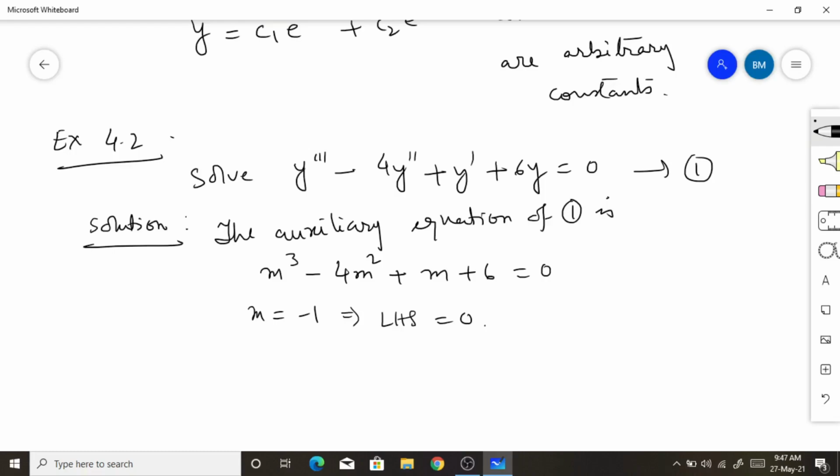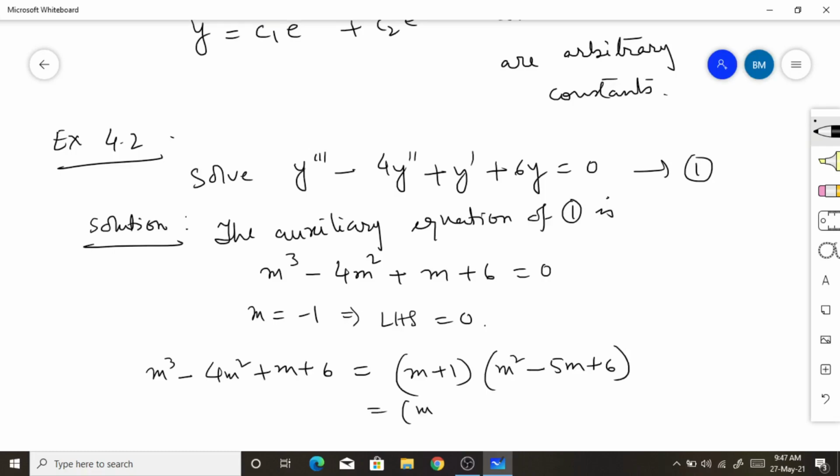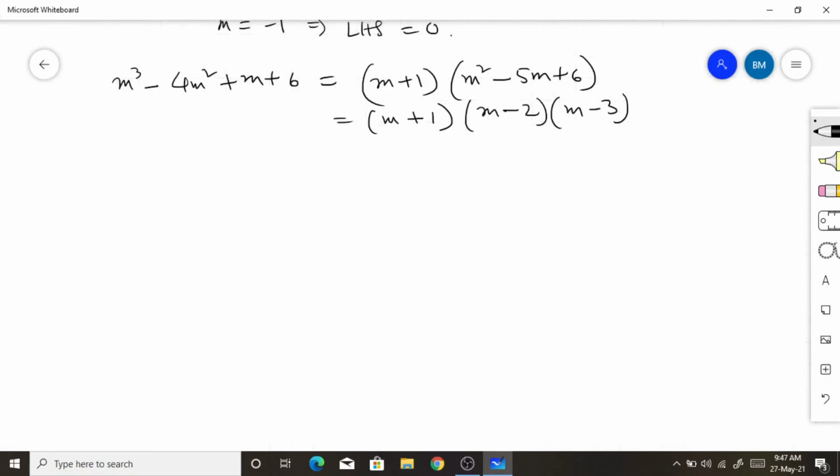By synthetic division, we obtain the factorization: m cube minus 4m square plus m plus 6 is equal to m plus 1 multiplied by m square minus 5m plus 6. We can factorize m square minus 5m plus 6 just by splitting the middle term.